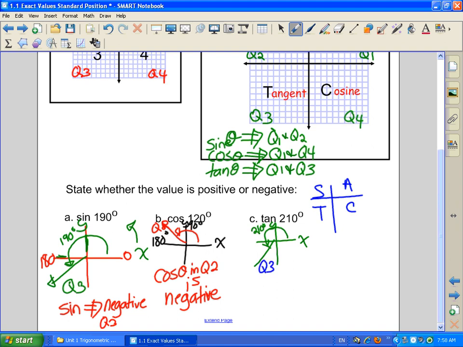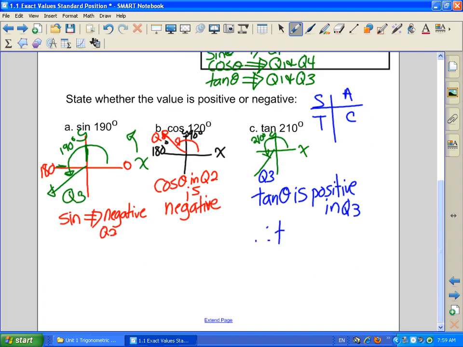We're in Q3. Looking up, is tangent positive in Q3? Yes, so the tangent of the angle is positive in quadrant 3. Therefore, tan of 210 is positive.